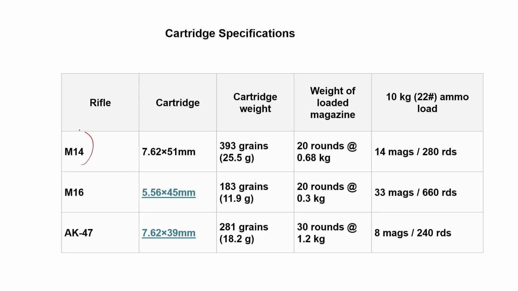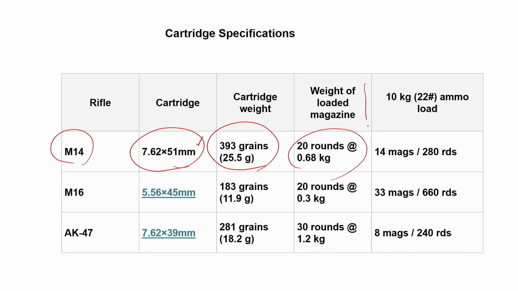Here you can see the M14 rifle, the cartridge is 7.62 by 51 millimeter in length, this is the diameter, and the mass is 393 grains, typically around 25.5 gram, and the weight of the loaded magazine is 0.68 kg for 20 rounds.